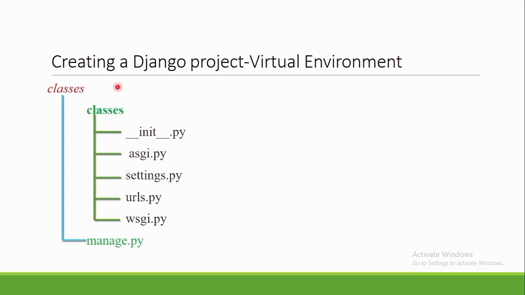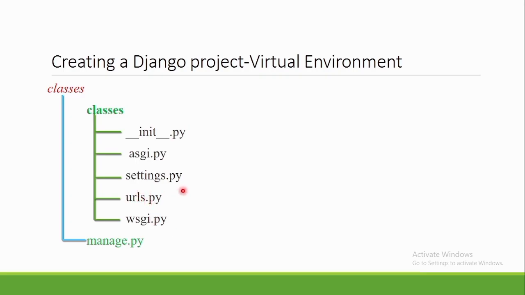Now, if you create a project without the space and dot command, you will have a directory structure like this. It will create a project folder, classes, and we call this outer folder the outer project or the root directory. We have a manage.py file, and inside that we'll have another folder, classes, which will have an __init__.py file, an asgi.py file and a wsgi.py file, which are basically the interface between the web server and the application.